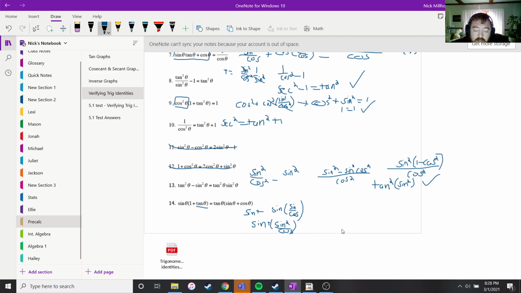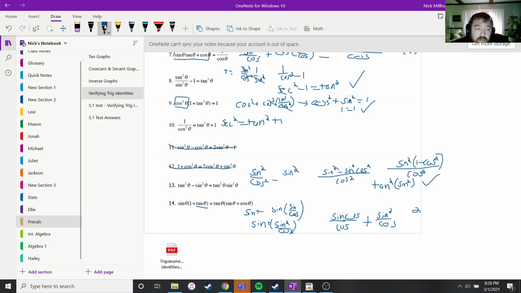And we'll multiply by cosine, so then you'll get sine cosine over cosine plus sine squared over cosine. And what you're left with is, you could factor out a sine.